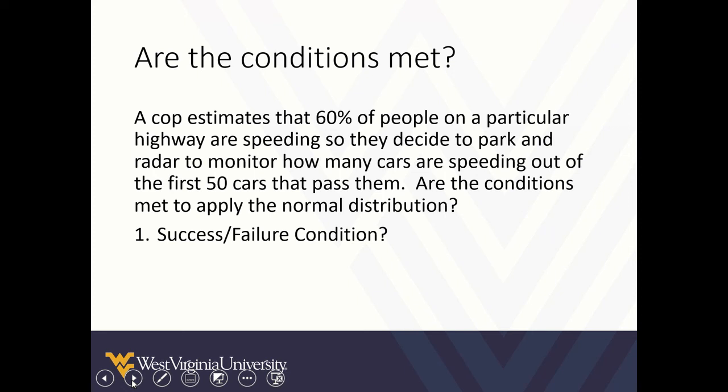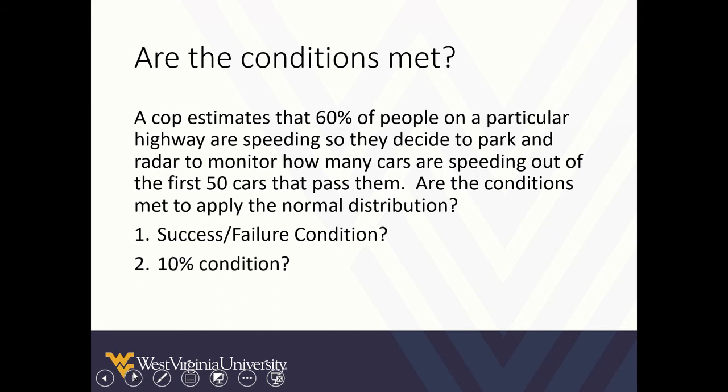Is our success-failure condition met? Well, let us consider. If we have 50 cars and our standard is 60%, 60% of 50 is greater than 10, yes. And on the opposite end, is 40% of 50 more than 10? Yes, that's true as well.